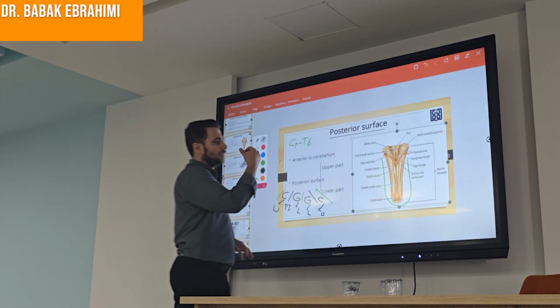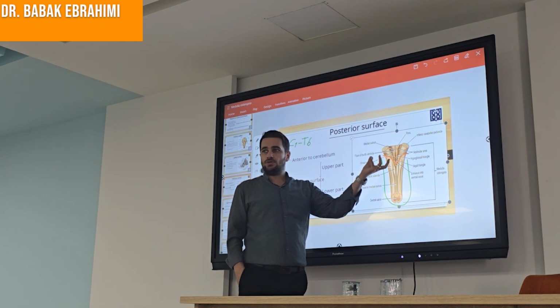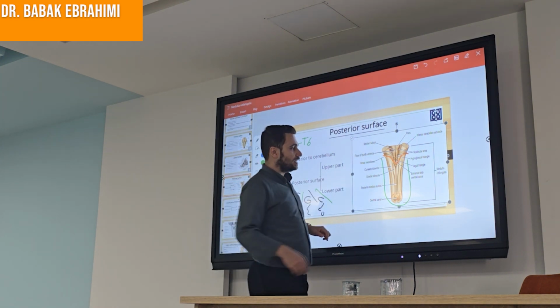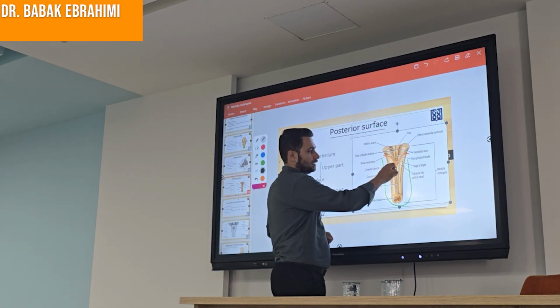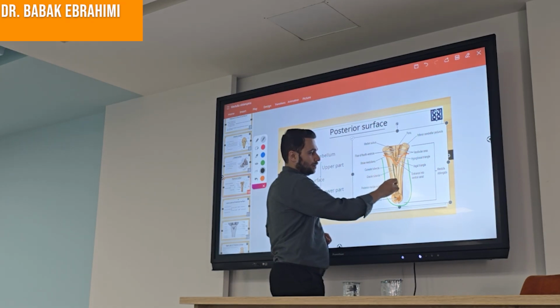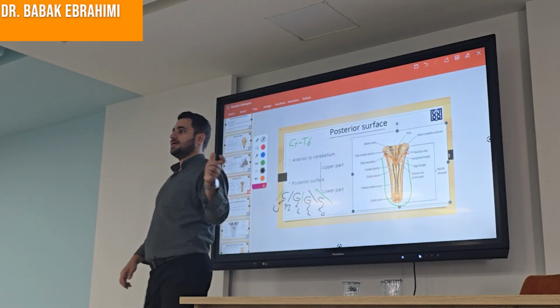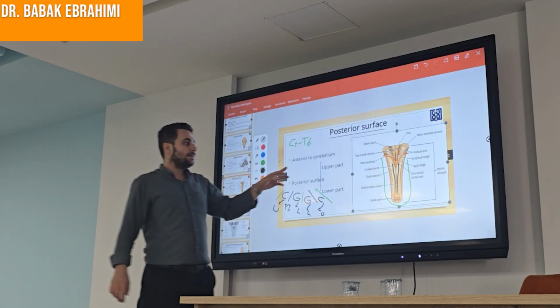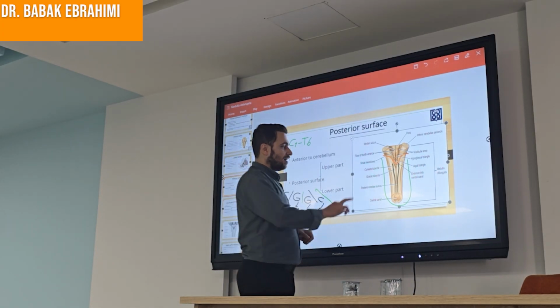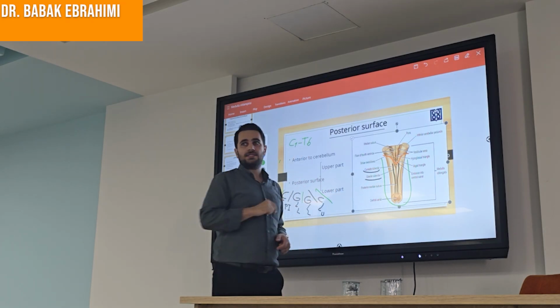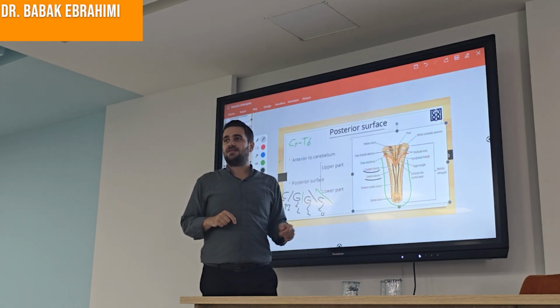If we come to the medulla oblongata and look at the posterior view, we can see again this part is the posterior intermediate. We have the posterior intermediate again in the medulla oblongata. Because of what? Because we have two tubercles, the gracile tubercle and the cuneate tubercle. Why do we have them?